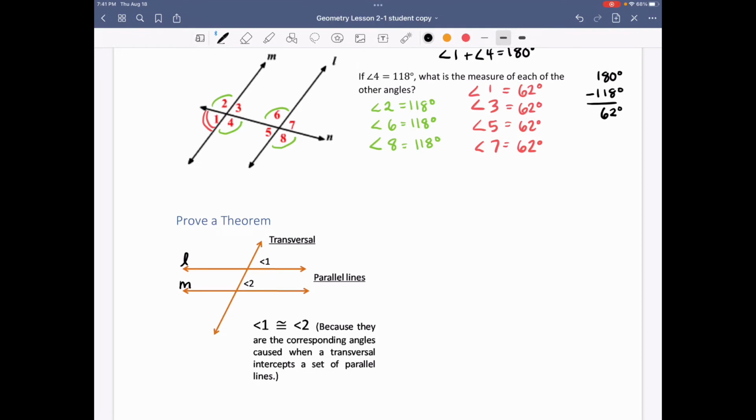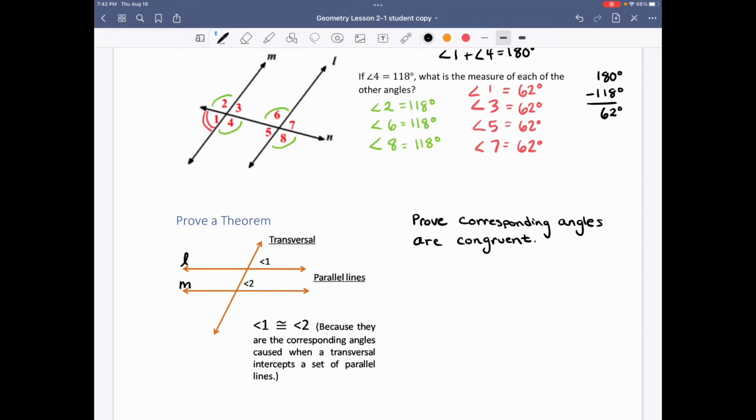We can see that and we know corresponding angles, but we want to prove that corresponding angles are always congruent. And this proof will always work.